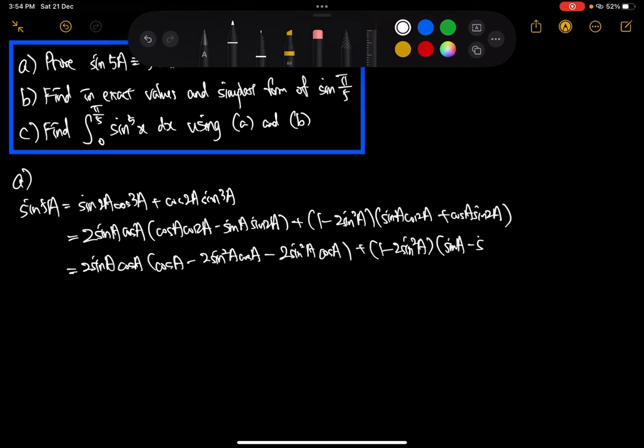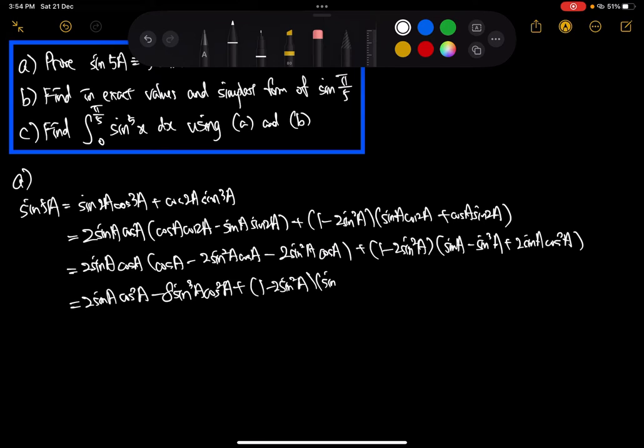Sine a minus sine cubed a plus 2 sine a cosine squared a. And then this one is 2 sine a cosine squared a minus 8 sine cubed a cosine squared a plus 1 minus sine squared a, 2 sine squared a, is sine a minus sine cubed a plus, what was that? 2 sine a, 2 sine a cosine squared a.